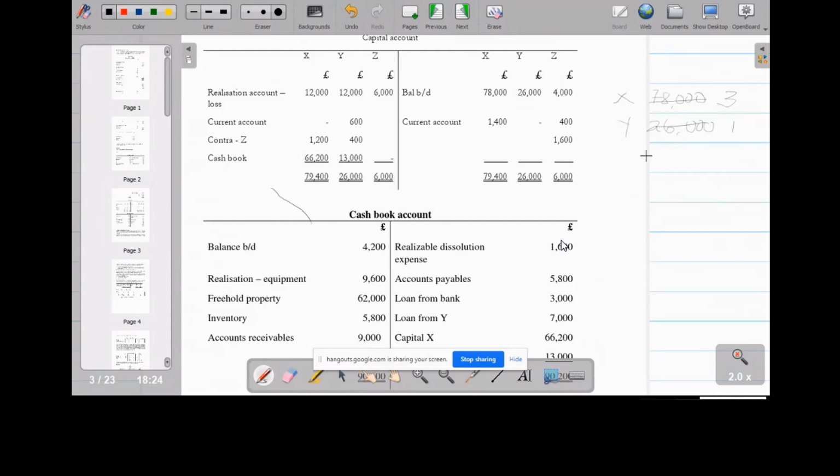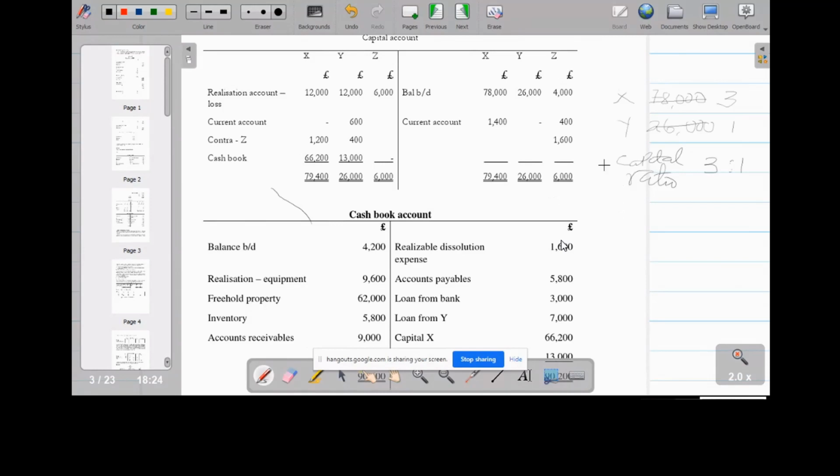The rule of Garner versus Murray states that the solvent partners are supposed to share that deficit based on their capital ratio. So you can now see the capital ratio is 3:1. That is the only new concept that we have introduced.